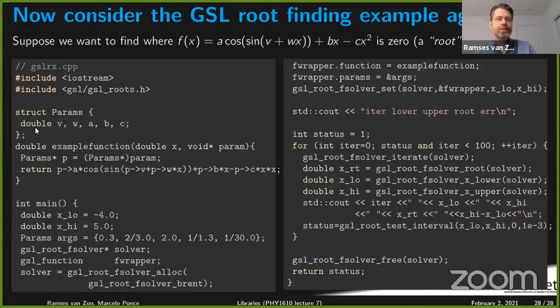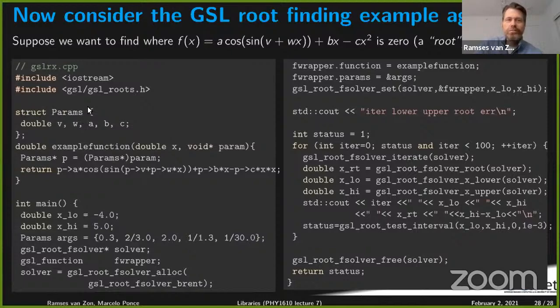But the GSL is a general library, so I have to be able to handle functions that take any number of parameters. And those parameters don't even have to be double precision. They could be some other variable. And so since the GSL library cannot assume how many parameters I will have, I have to wrap them all together into one thing, and that thing will be a struct.